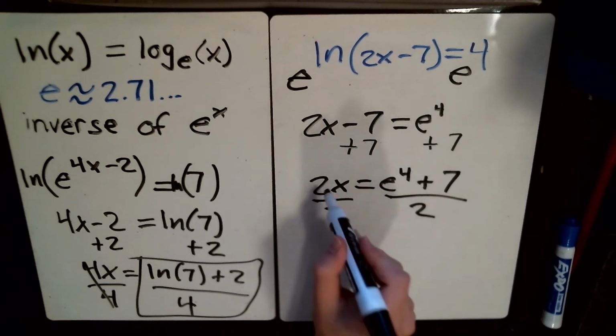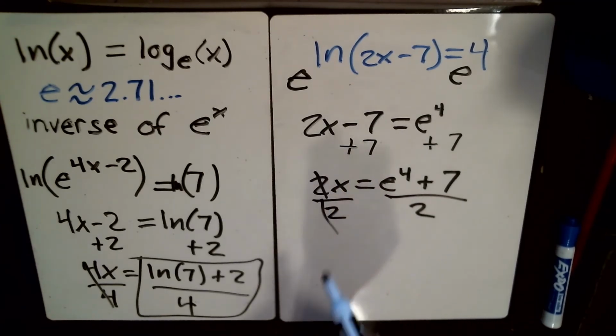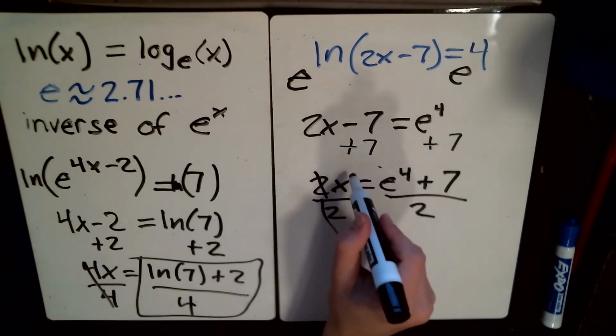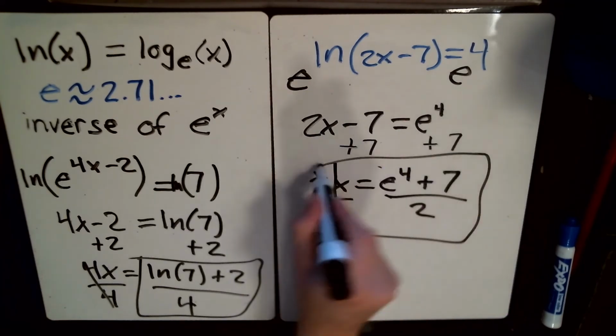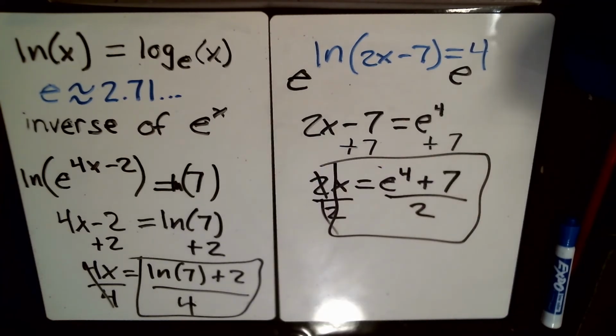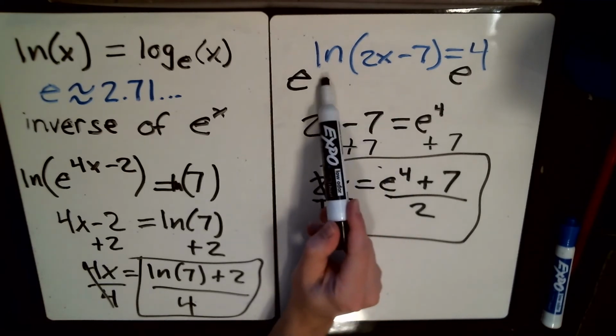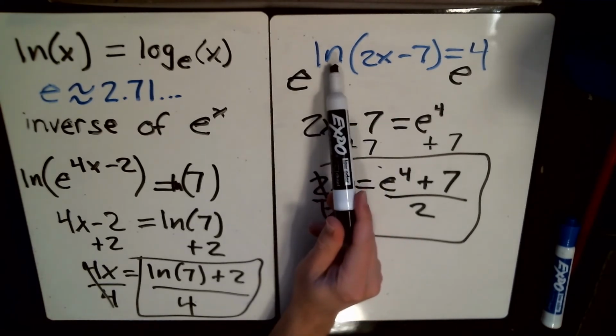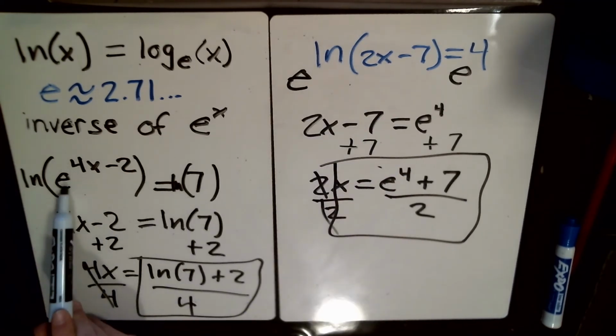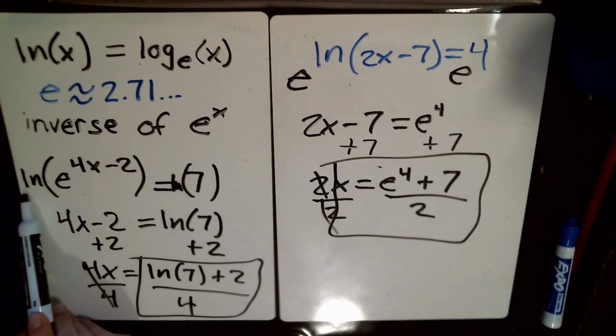Now, sometimes the equations you have to solve are a little bit more complicated than the ones I've been doing. But essentially, you just want to get rid of either your log or get the x out of the exponent. So if you have a log, to get rid of it, you raise it as an exponent. If you have an exponent, you get rid of it with a log.